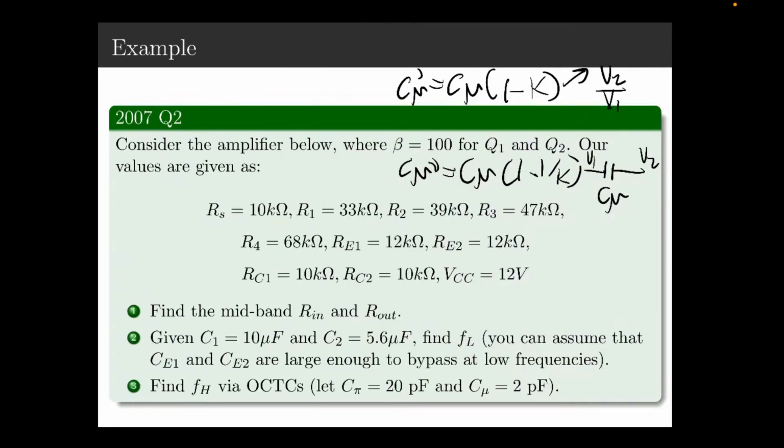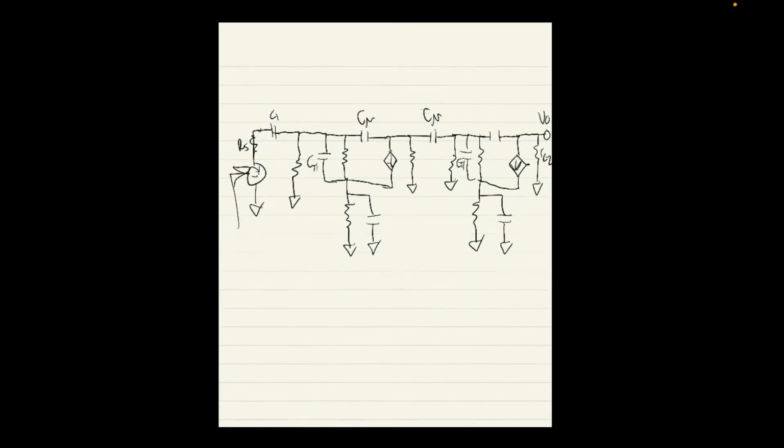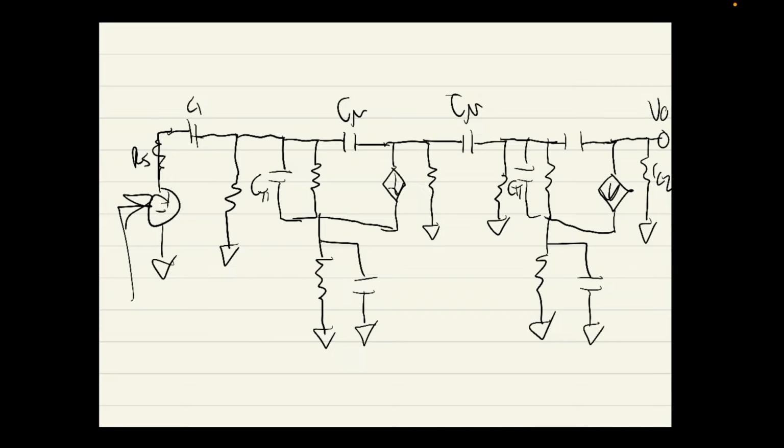Now it asks, find R in and R out. So we're looking for the impedance through here. If we disconnect this, we're not checking from the source, because that's not actually part of our system. That's an input to the system. So we're actually looking from here.